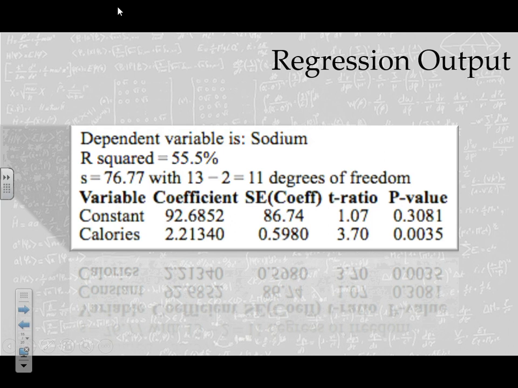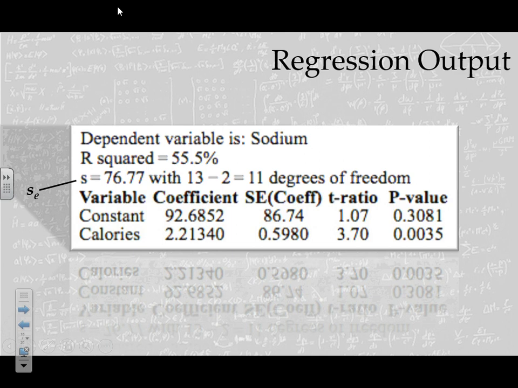So the first thing, this S value that they give you. They're going to tell you what the dependent variable is. They'll tell you an R squared, so the correlation squared value. And then they'll give you an S value, so S alone. That's your residual standard deviation. So that's that S sub E, which we use to calculate standard error.